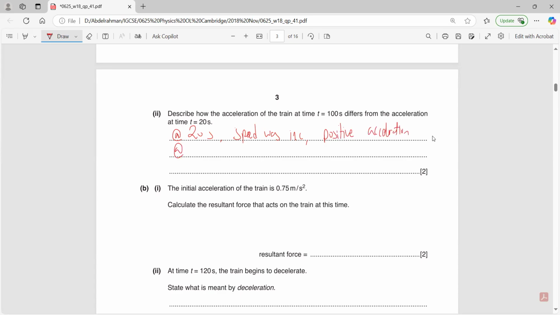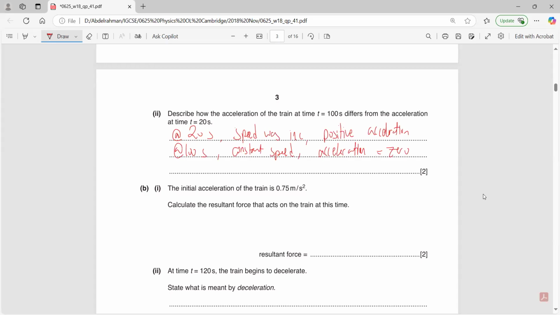But at time 100 seconds, the speed was constant, and therefore the acceleration was zero. There's a huge difference. This is a distance time graph, not a speed time graph.